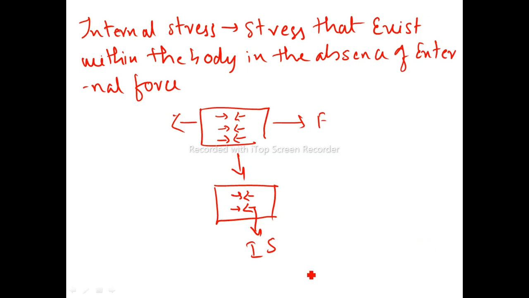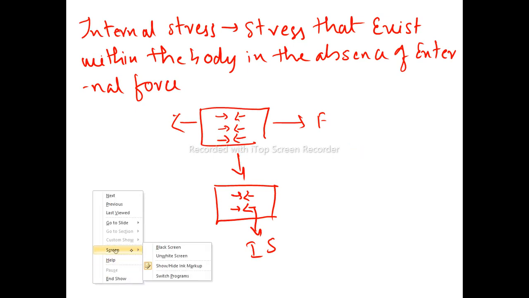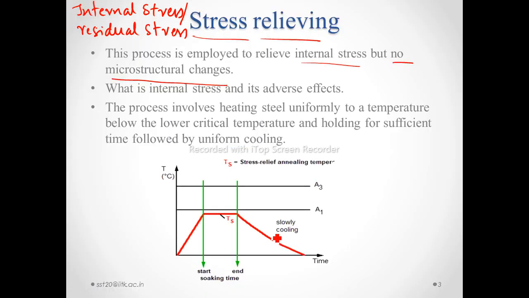Second, the fatigue life is also reduced due to the presence of internal stresses. When we apply a fatigue load on the material, these internal stresses act as stress concentration areas and result in failure of the material. This is the adverse effect of internal stresses.